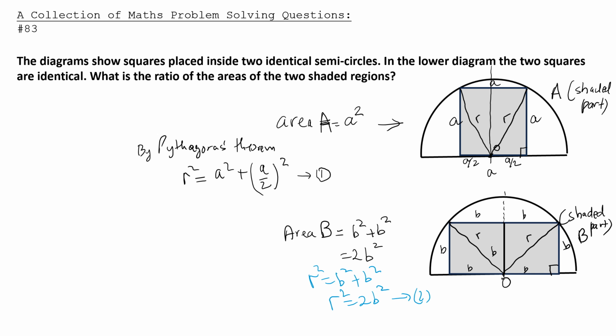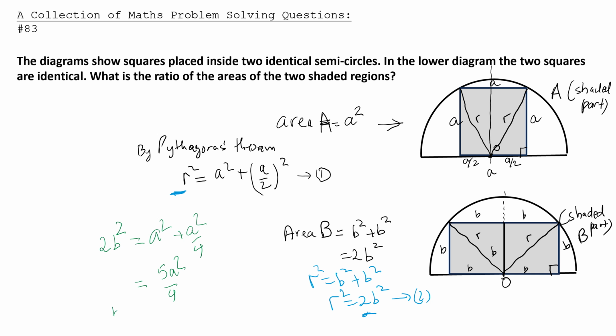So if we have to form a relation now, instead of R square here, we can put in twice of B square, and we will get twice of B square equals A square plus A square out of 4, and that equals 5A square out of 4.